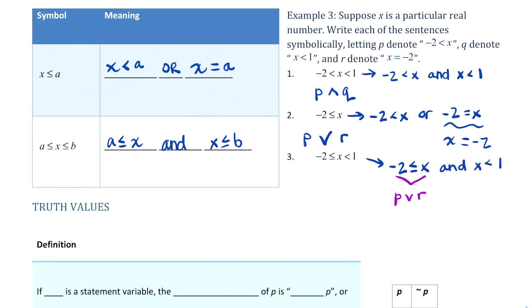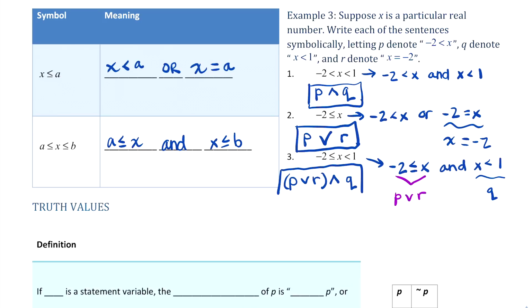And that would have to be taken care of first. So we would end up with P or R. We would group that, and then and Q, because this one is Q. Good so far? Let me go ahead and box the final results of these because I want you to see the end result.